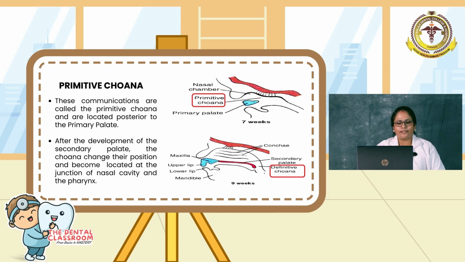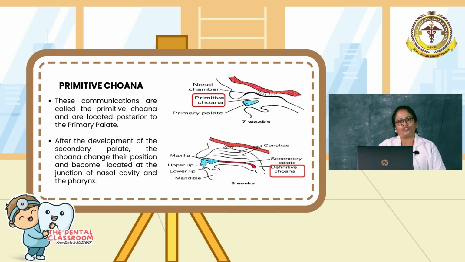Once the oronasal membrane disappears, the connection formed is called the primitive choana. Initially, this lies behind the primary palate. As development progresses and the secondary palate forms, it shifts its position backwards and takes its final position at the junction of the nasal cavity and the pharynx.